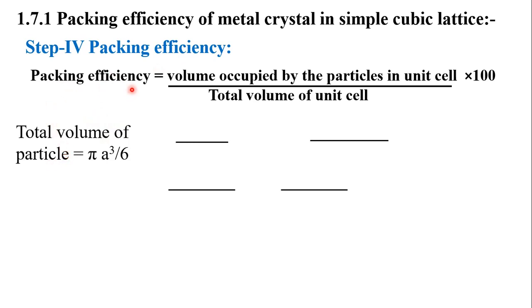So packing efficiency is equal to what? Volume occupied by the particle in a unit cell divided by total volume of unit cell into 100. Now the total volume occupied by the particle is how much? Pi into a cube divided by 6, as it contains only one particle.